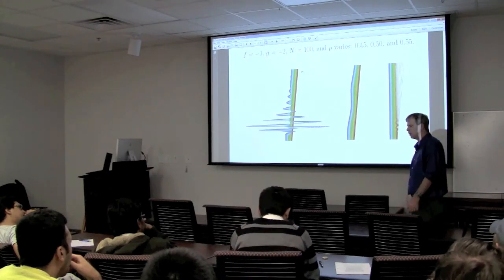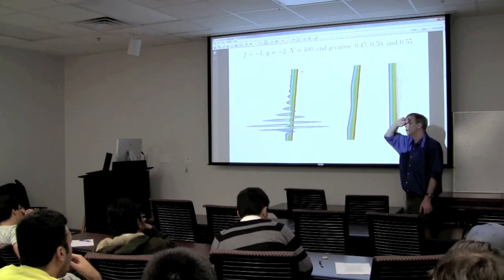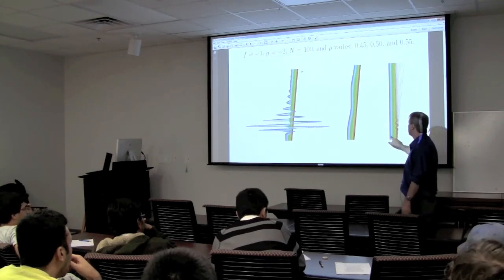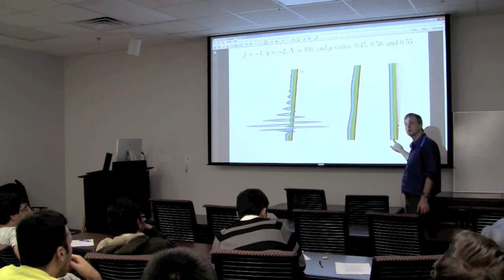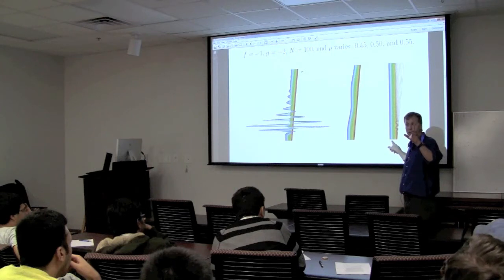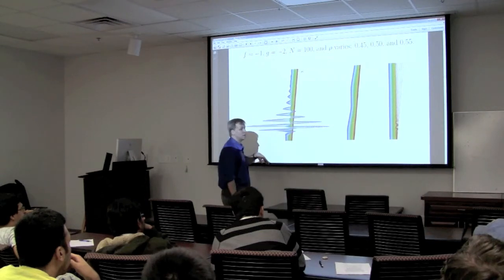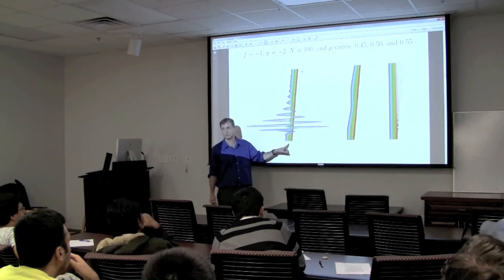Now what I did here, and I always forget which way it goes, I paid 55% of attention to the guy behind me, 0.55 instead of 0.5. Here I pay 0.55 instead of 0.5 to the guy in front of me.